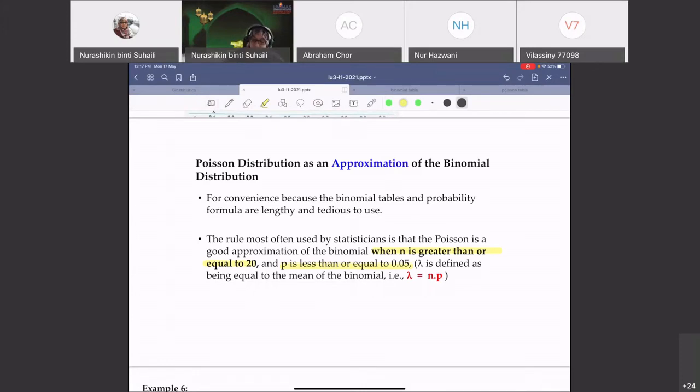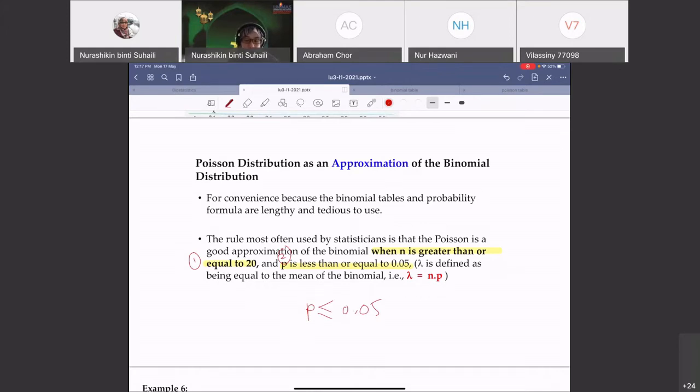This means that if you are given a problem that doesn't have the information about lambda, you have the n, you have the p, but you don't have the lambda, and it satisfies these two conditions, the first one being n greater than 20, and either one, or the second being p less than or equal to 0.05, then you can use the Poisson distribution in order to find the probability.